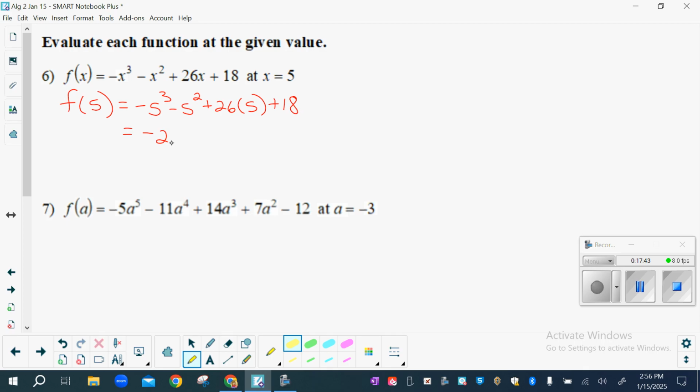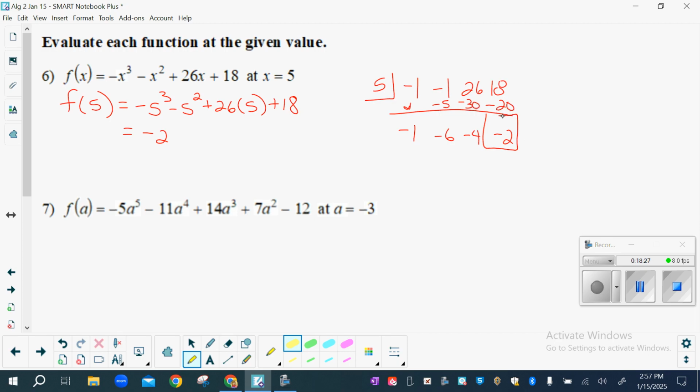If I take the 5 and do synthetic division, look what happens. Bring down the -1. 5 times -1, -5. Add, -6. 5 times -6, -30. Add, and we get -4. 5 times -4, -20. Add, and we get -2.